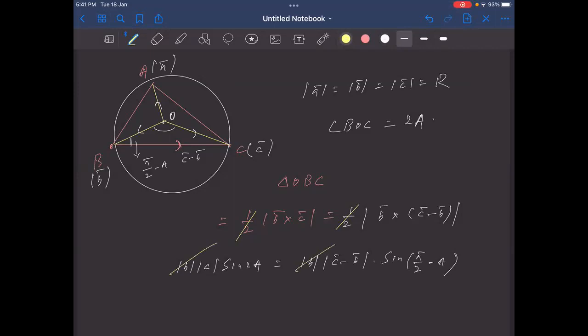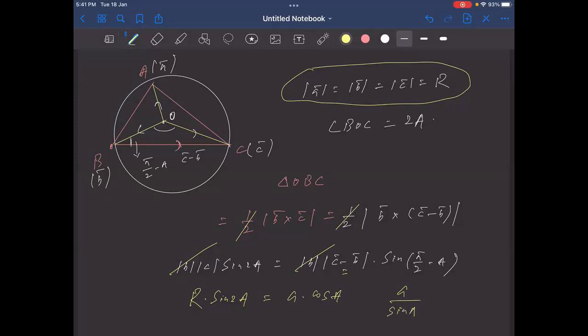What is mod C? Is it capital R? From this, sine 2A. What will be mod C minus B? That will be BC side length, that is small a as per the triangle, and this is cos A. So what is the data we got? a by sin A is equal to R. आ गया देखो.